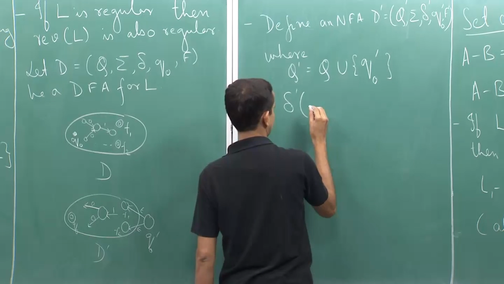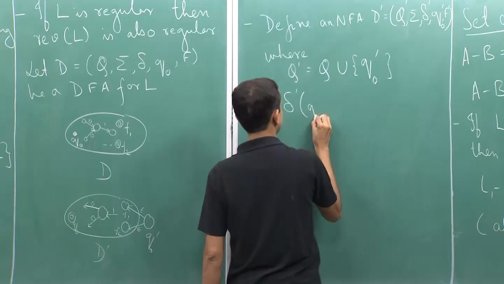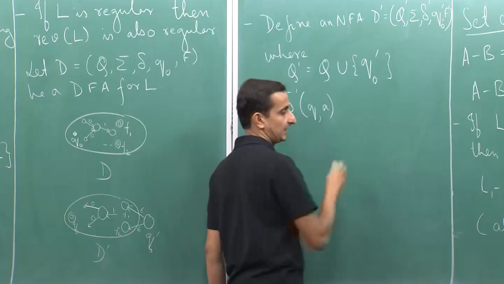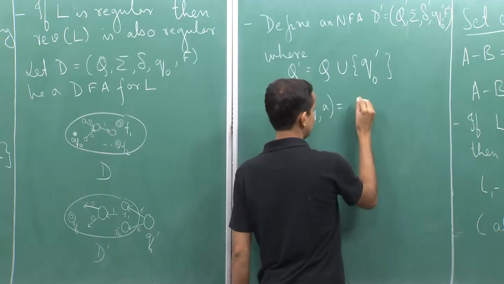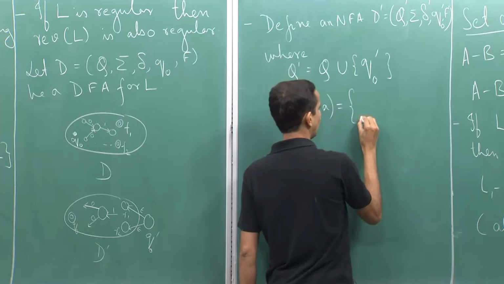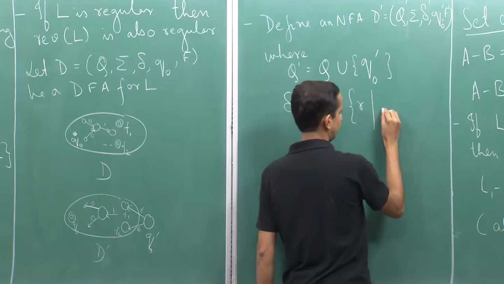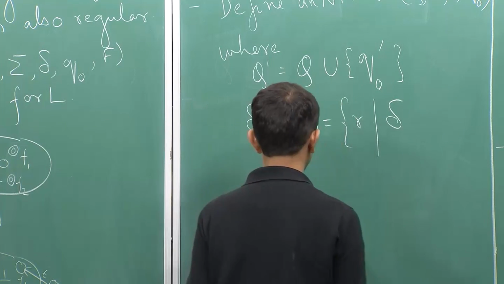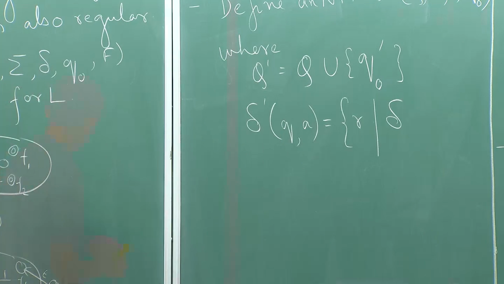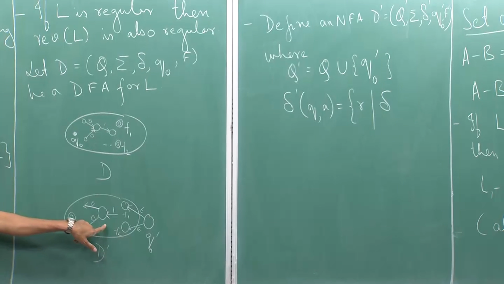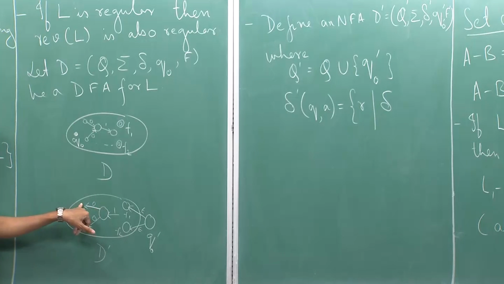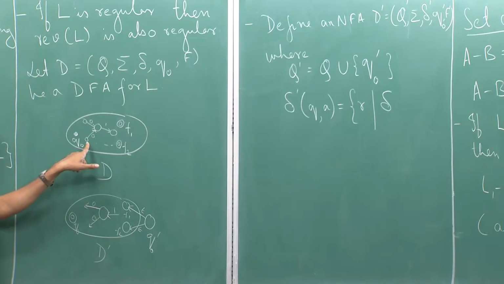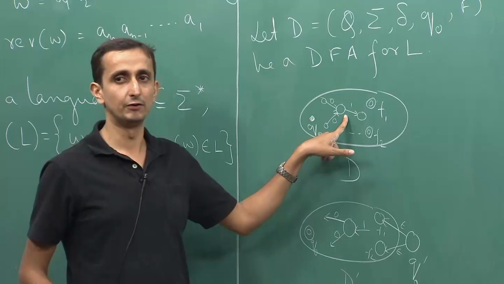Delta prime, from a state Q on a symbol A, what are the states that we go to? So, let us try to picture this. From a state Q on a symbol A, I go to all those states such that from those states I had a transition on the same symbol to Q. Okay.